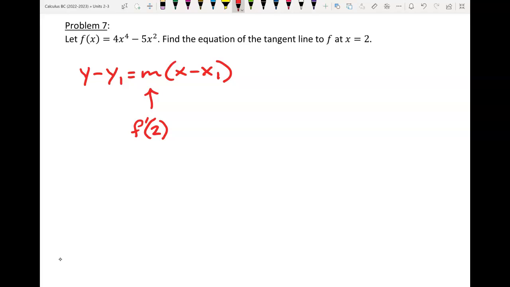Okay, so just as a reminder, we're out of time, but we use that. We have to find our derivative, find the slope, plug it in. Now, do you have to use this form? No, if you have another way of doing it, it's fine, but this is a form that you will want to be familiar with, because we're going to be using it more when we get into further stuff down the road.